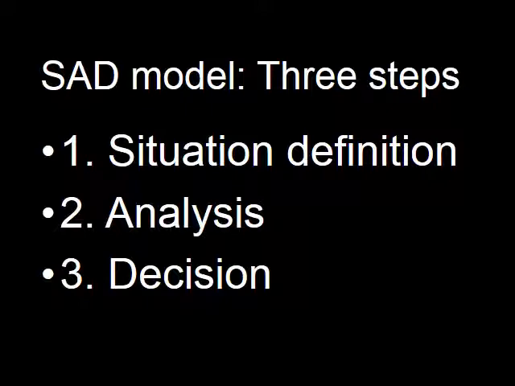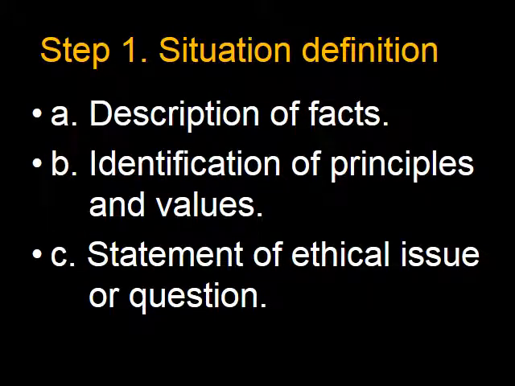Step 2 involves a thorough analysis, and I'll explain how to conduct that analysis. And then step 3 involves actually making the decision and being able to defend your moral decision. So let's look at these 3 steps in a little more detail. And again, I encourage you to use this model.